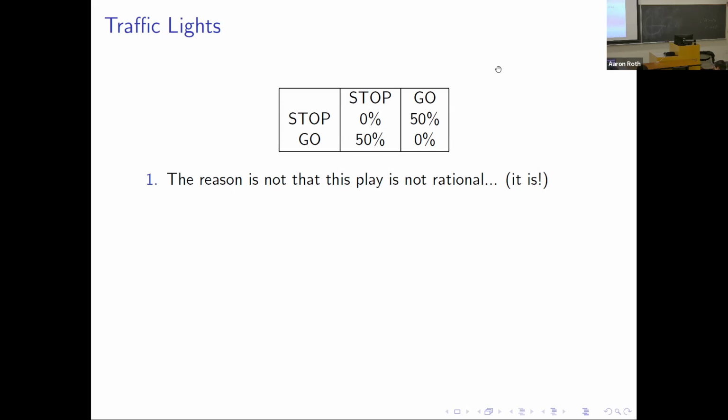Similarly, when I see a green light, I go not just because that's the rule, not just because I remember this song from preschool. I go because it's a good idea. When I have a green light, oncoming traffic has a red light. If they're playing according to this equilibrium, then I'm pretty sure they're going to stop. And so going actually is in my best interest.